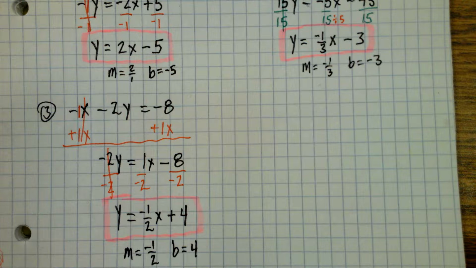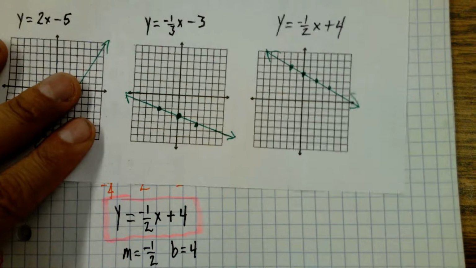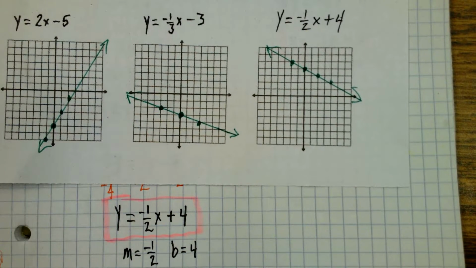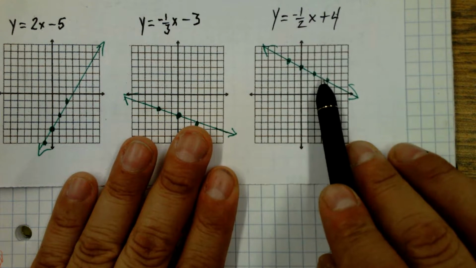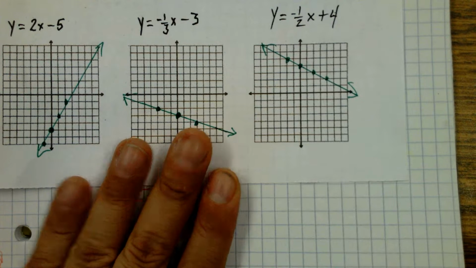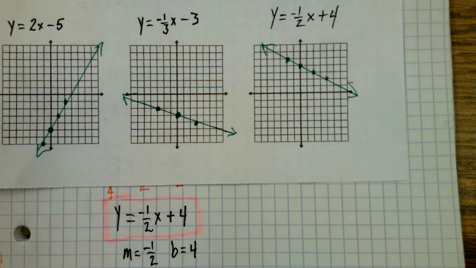Or up one space to the left 2. Okay, so your graph should look like this. On the y-axis at 4, down 1 over 2. And there is the line.